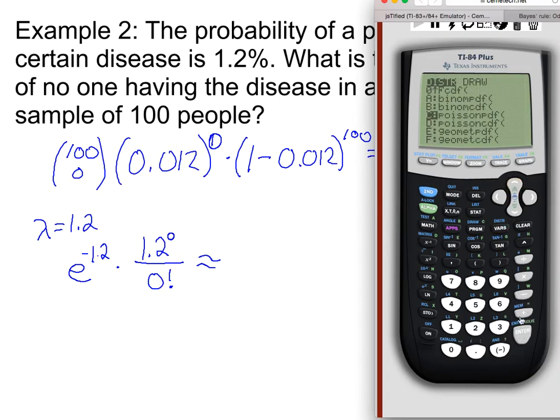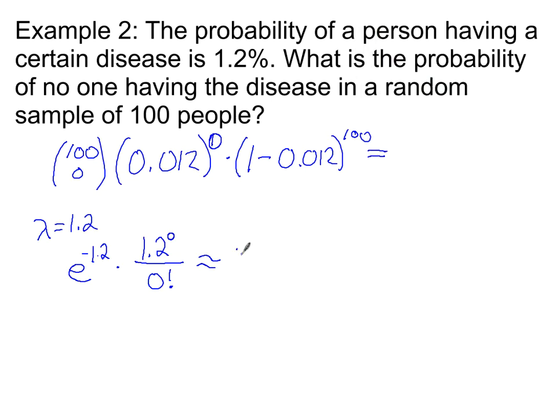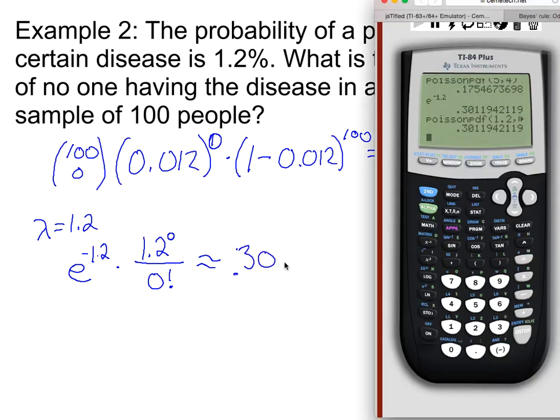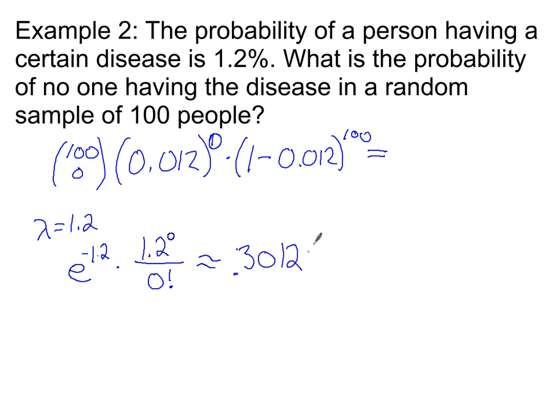I said that's a Poisson distribution where the mean is 1.2 people per 100 and the x value is 0. And we paste that and we get the exact same value. So this is 0.3012-ish.